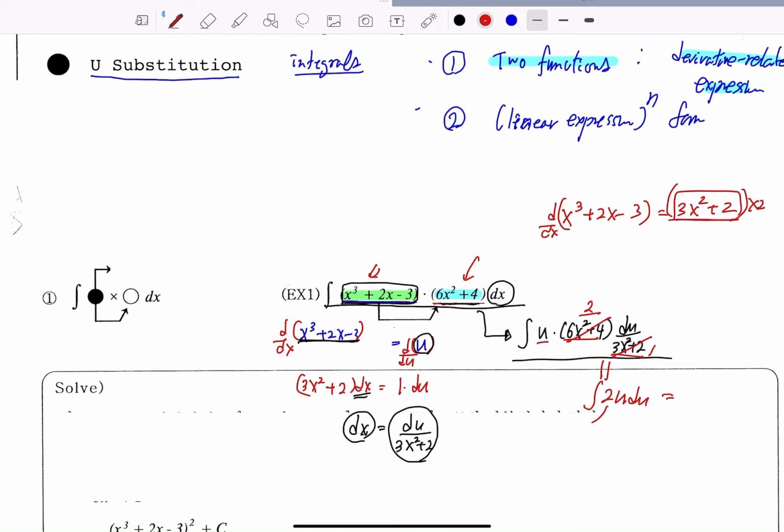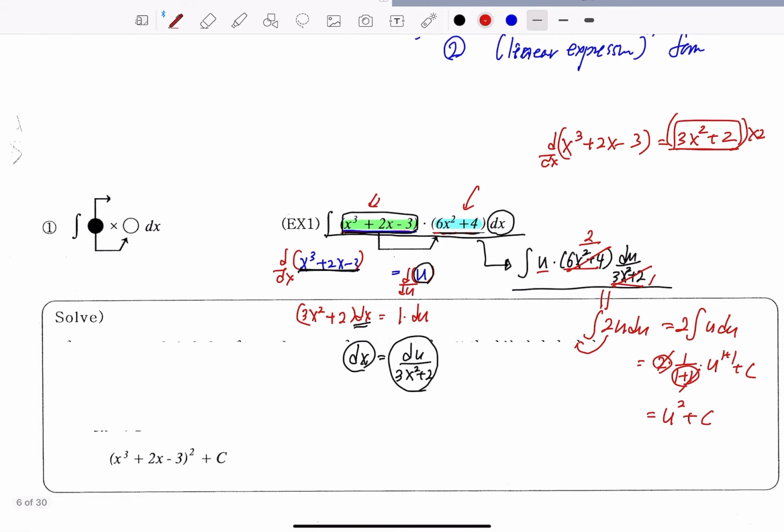You can take out 2 times the integral of u du. So now you can use the easy way, which is the power rule of integration. 2 times 1 over 1 plus 1 times u to the 1 plus 1 power plus c. The 2s cancel out. The coefficient is 1, so the answer is u squared plus c.